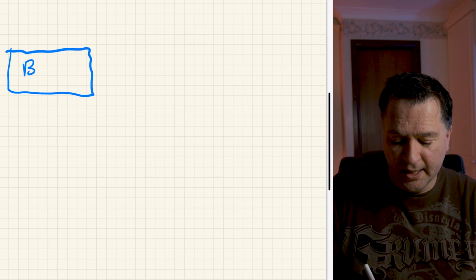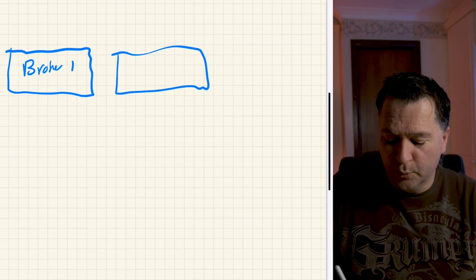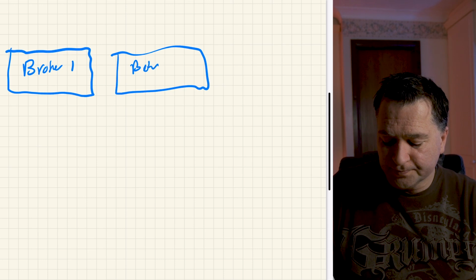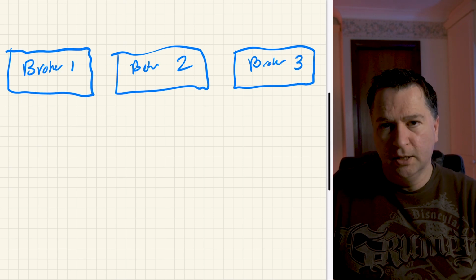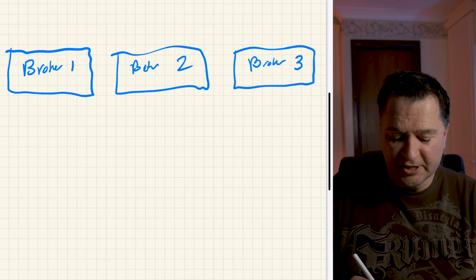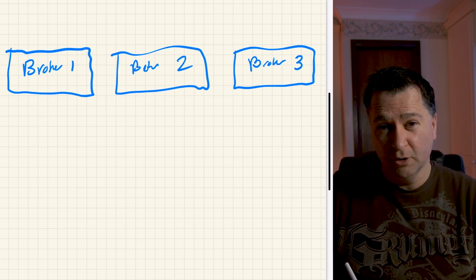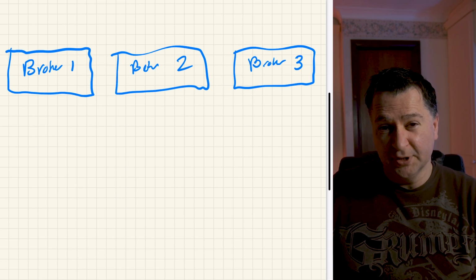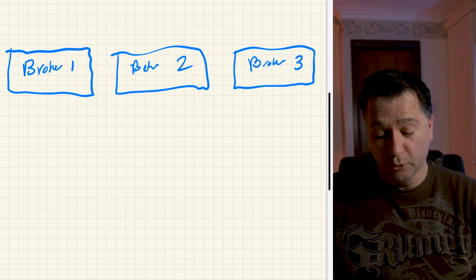So if I put broker 1 here, and I put broker 2, and we'll have broker 3 there. Then if you think about it for a second, in order to have something like fault tolerance, I need that partition to get replicated across multiple brokers.